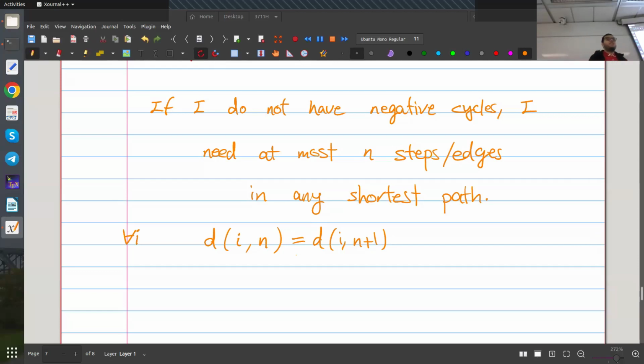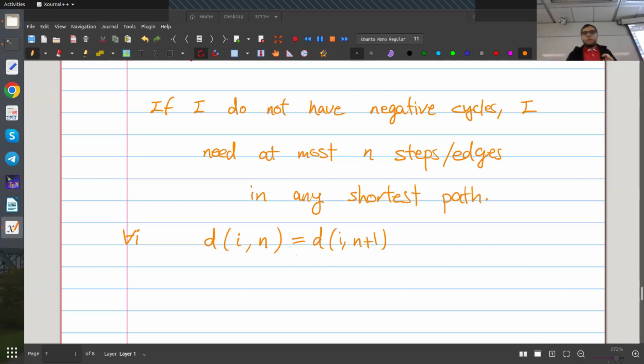Of course, I have to give a caveat here. If you have a negative cycle in a different connected component totally, and you cannot reach that negative cycle from you, that's like not having a negative cycle, right? So when I say I have a negative cycle, I mean it's a negative cycle that is actually reachable.